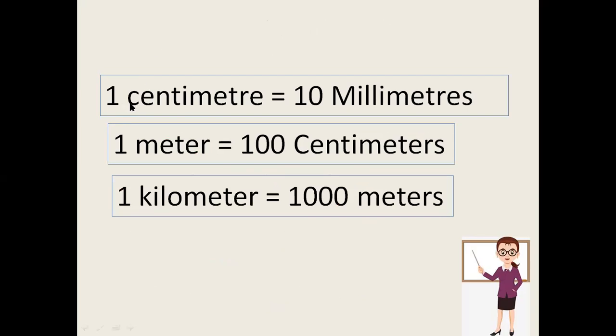And 1 centimeter is equal to 10 millimeters. 1 meter is equal to 100 centimeters and 1 kilometer is equal to 1000 meters. So the smallest unit of length is millimeter and the larger unit is kilometer.